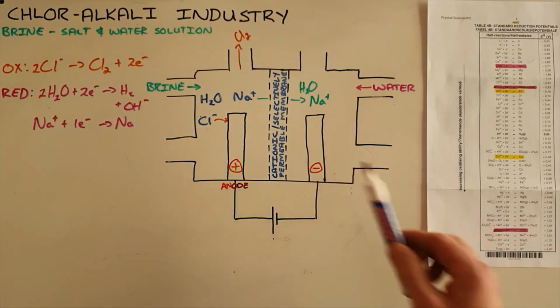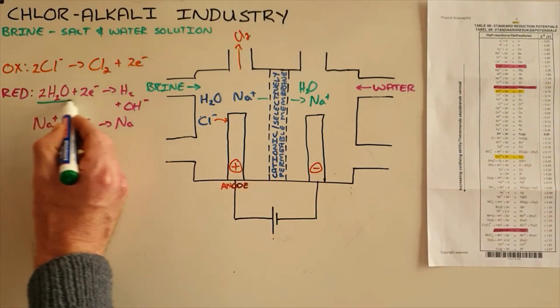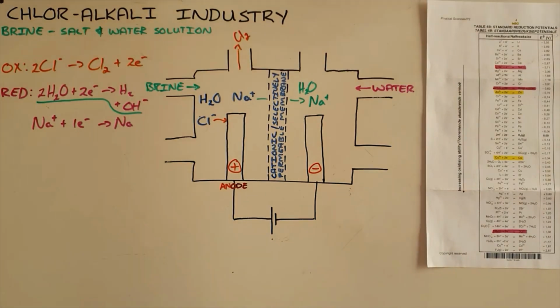The way we know which one is going to be reduced is by looking once again at our table of standard reduction potentials, which clearly shows that sodium is closer to the top, water is closer to the bottom, and we know that the ability to be reduced increases as you move down the table, which means that our reduction half reaction is going to be the reduction of water.